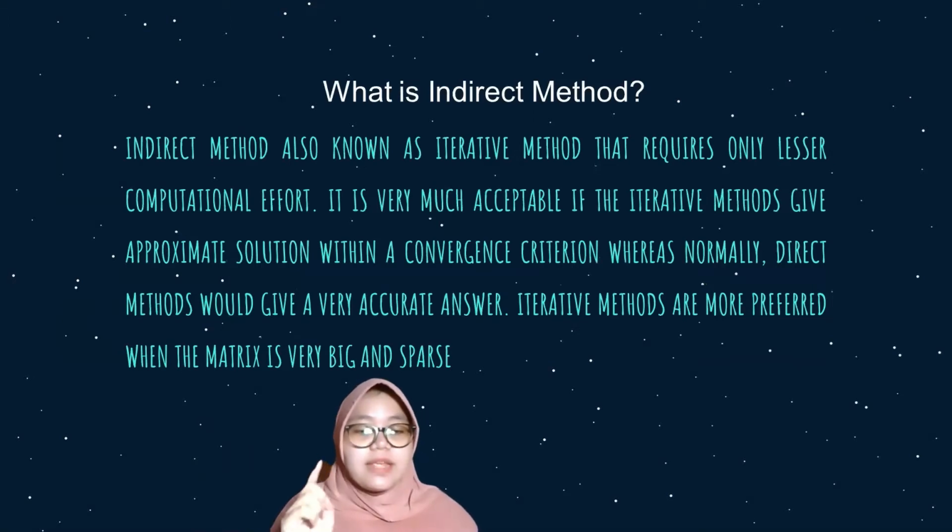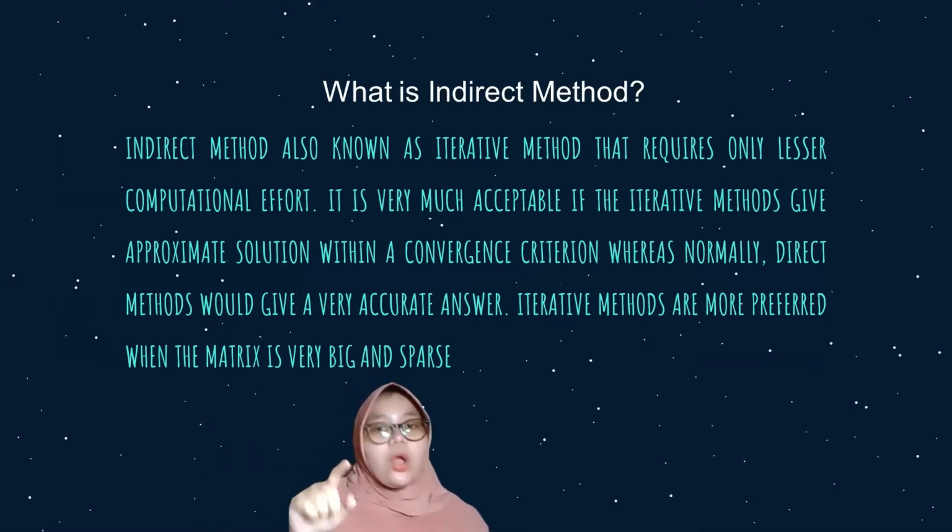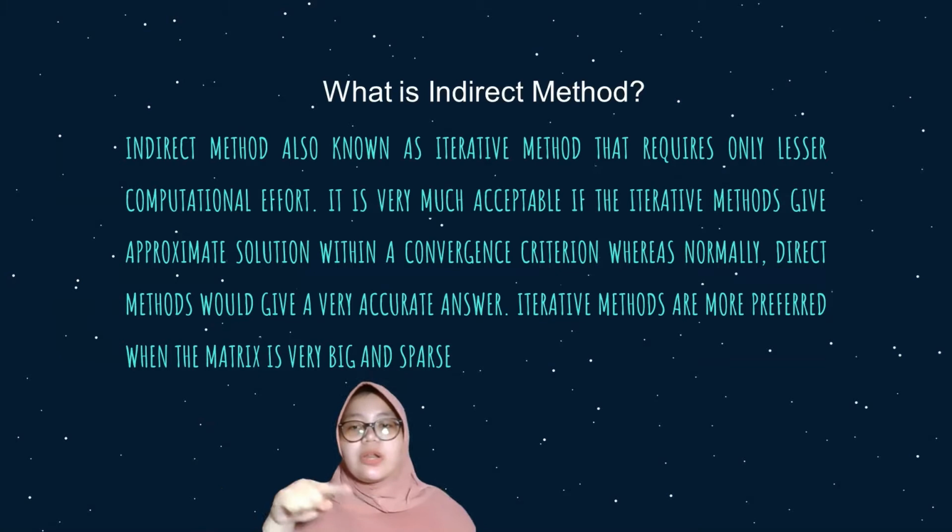Next, we have the indirect method, which is also known as the iterative method that requires only lesser computational effort. It is very much acceptable if the iterative methods give an approximate solution within a convergence criterion. Also, it is more preferred when the matrix is very big and sparse.